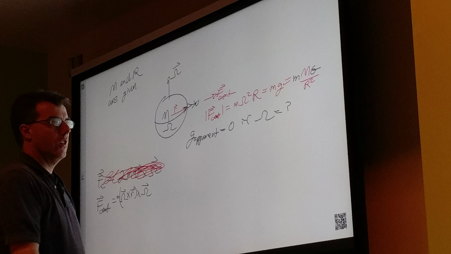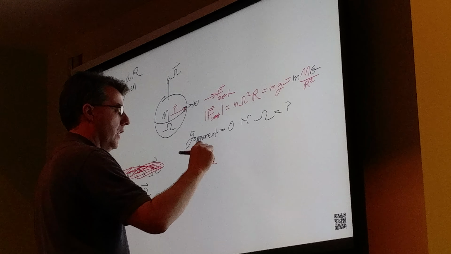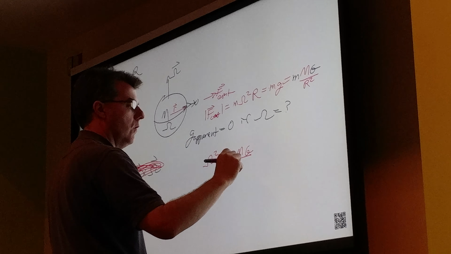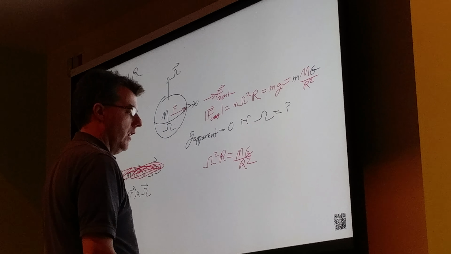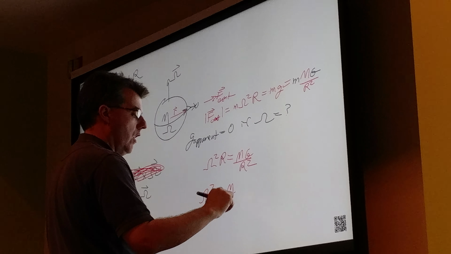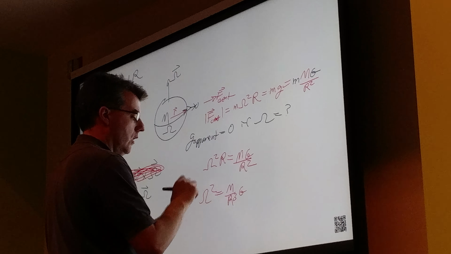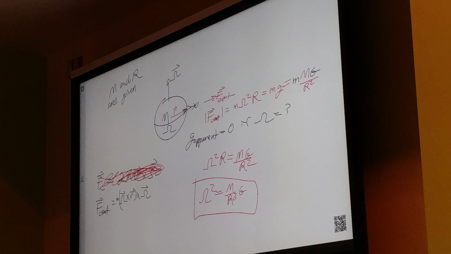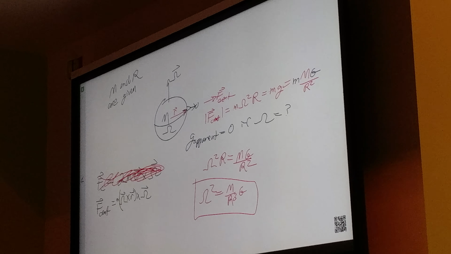So we're going to get that omega squared r is G m over r squared, or omega squared is G m over r cubed. By the way, does this depend on the size of the planet? Yes. Oh, it does. Just your radius, just your standing radius.